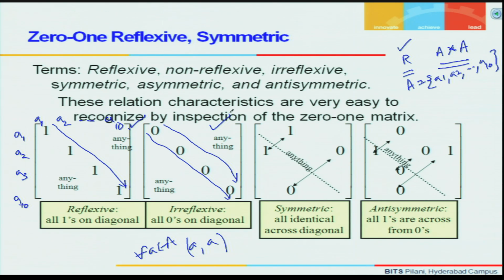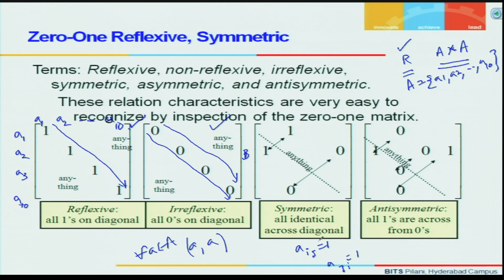And if the matrix that is given to us is such that whenever Aij is 1, you are able to say Aji is also 1, and this is holding good for all i comma j, then I can say that whenever Ai and Aj are related, Aj and Ai are also related.